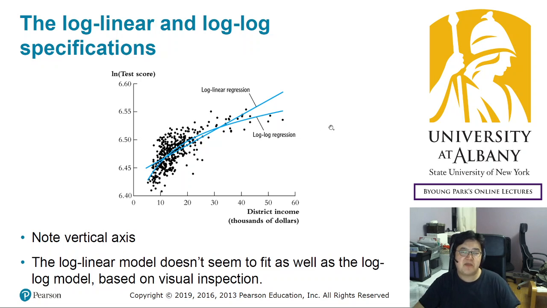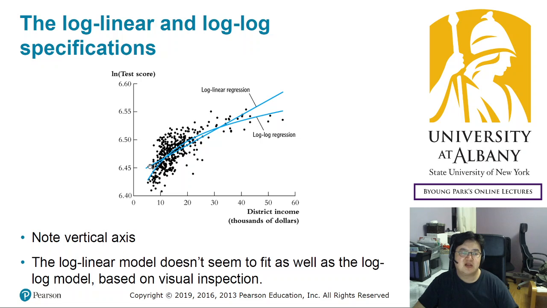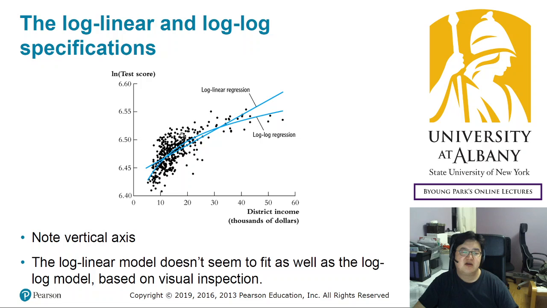Then you may just compare the results. We have two models, the log linear regression and the log-log regression model. When you take log of test score, the vertical axis is log, and the difference is whether you take log on income or not. When you compare them, the log linear model is a worse fit than the log-log model.